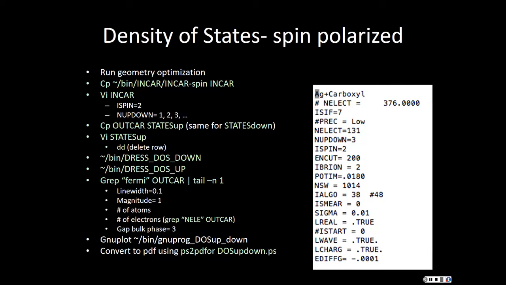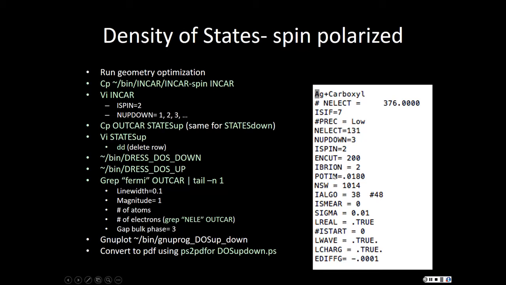Okay, so now we can talk about density of states. Some of these need to be addressed a little differently than what I have written down right now. These are just commands that you want to follow. The INCAR file, the INCAR spin, is the one you're interested in for this.